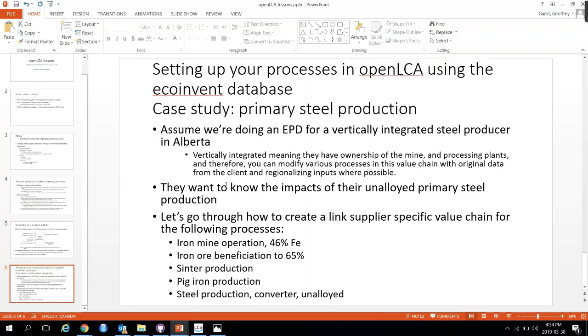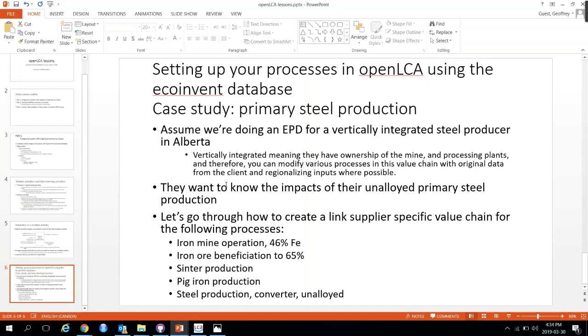So in order to do that, it's quite a good idea to start by copying an ecoinvent process and beginning from there, changing whatever inputs you can get from original sources.